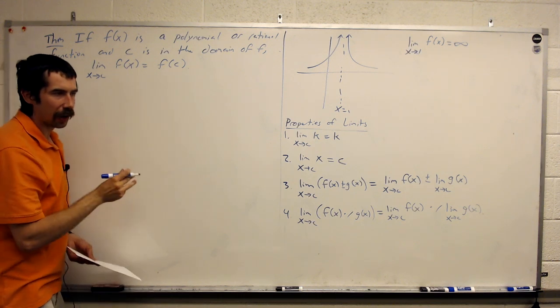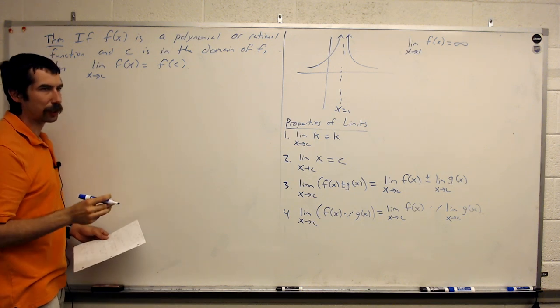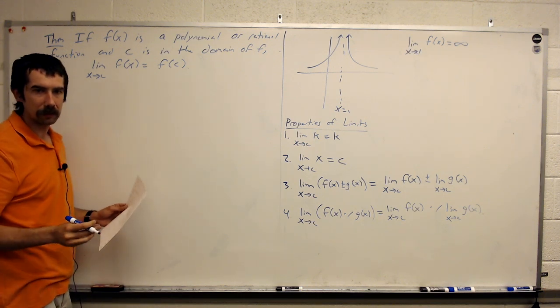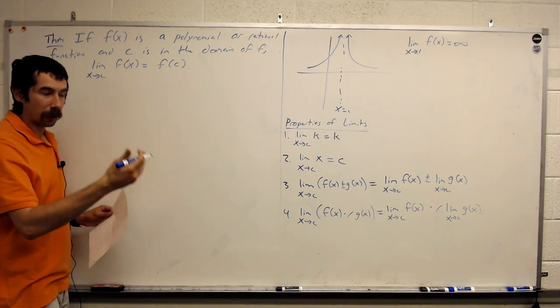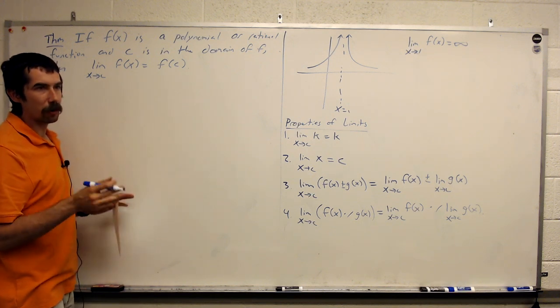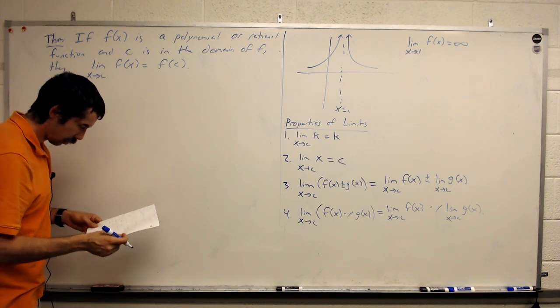All right, so to evaluate the limit, this is saying the first thing we should do is just plug in the number. If it results in division by 0, that's where the trouble starts.